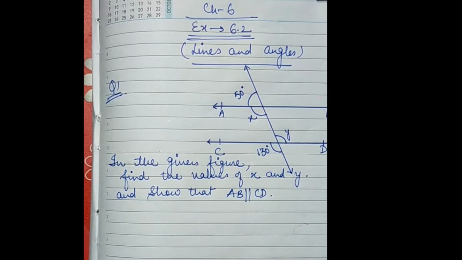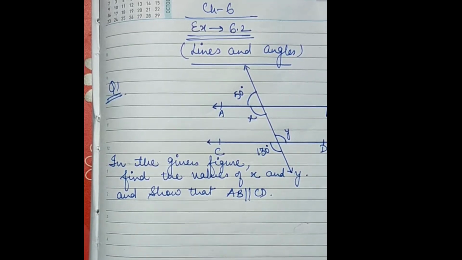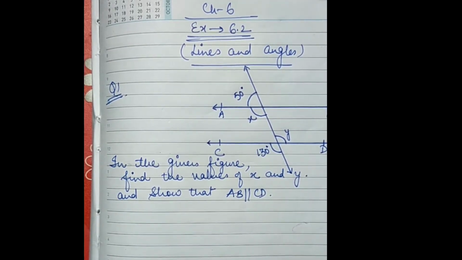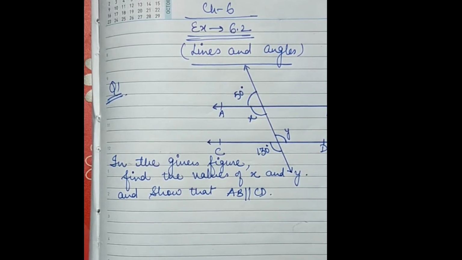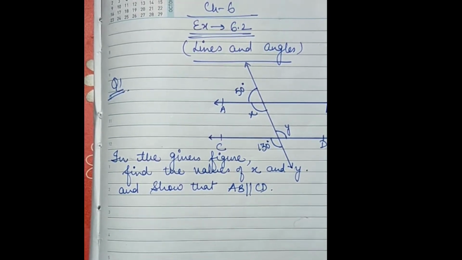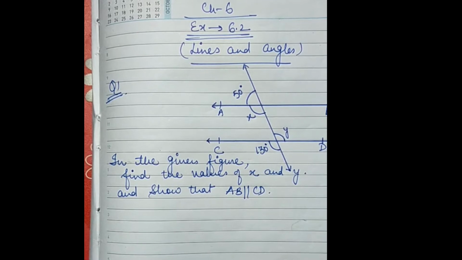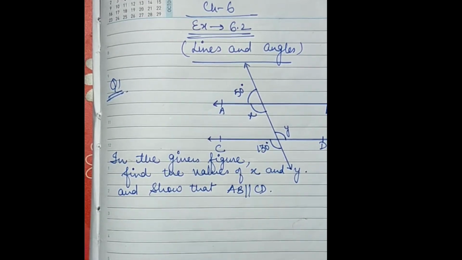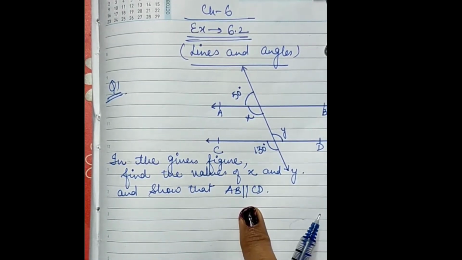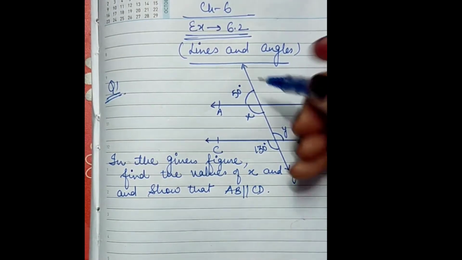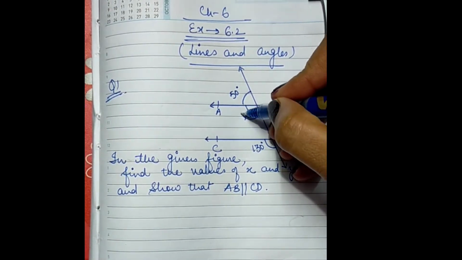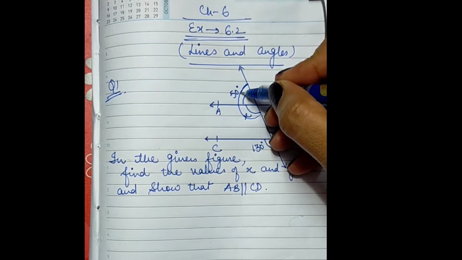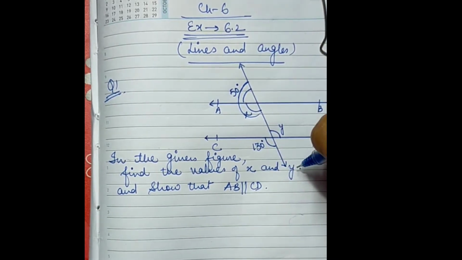In the given figure, find the values of x and y and show that AB is parallel to CD. First of all, we are going to find the values for x and y, and after that we will be proving them to be parallel. You can see x plus 50, they are forming a linear pair.